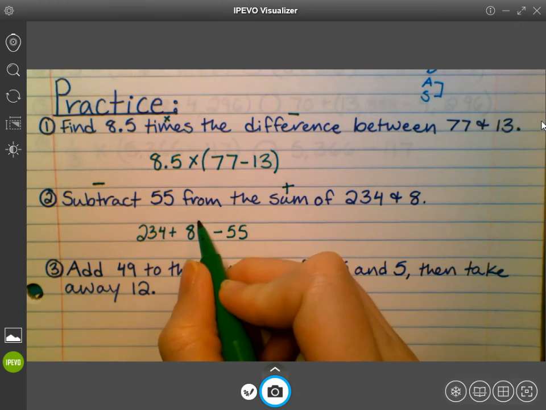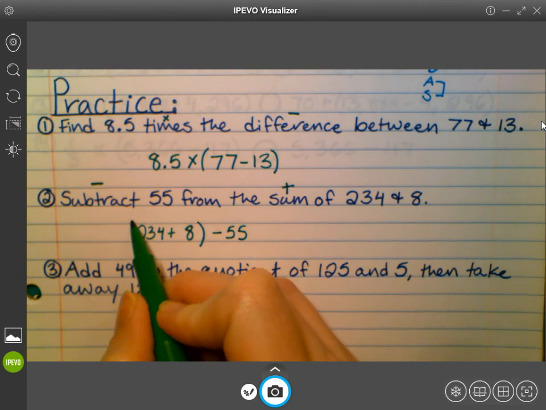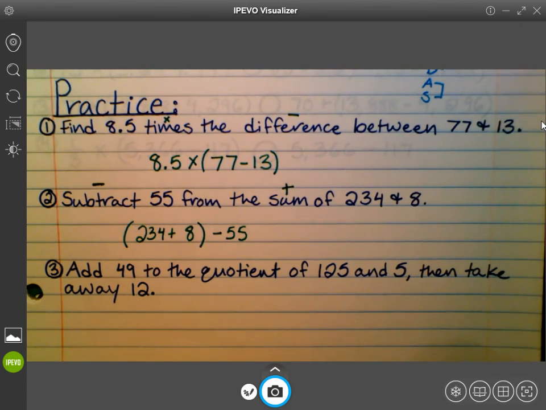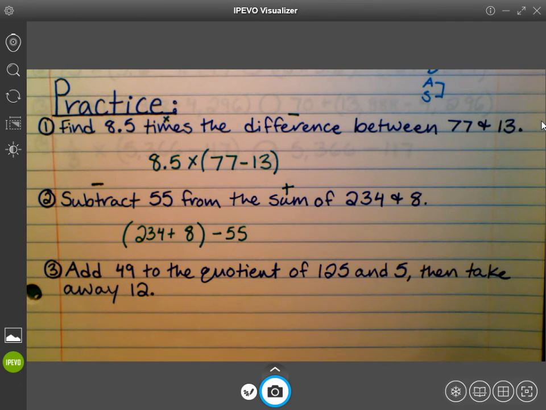So I would put my parentheses around 234 and 8. How many of you got that one correct? That one was tricky. How many of you got a little tripped up with where you need to put parentheses or where the minus 55 needed to go? Yep, that one was tricky.